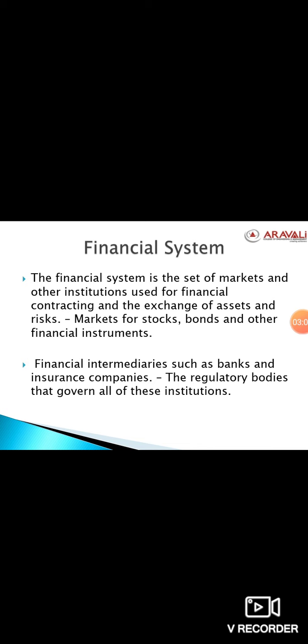Then we have lenders. The lenders are basically the financial institutions or banks who lend the money for a specific reason, which includes maybe buying a house, investing money in the market, or buying other consumable products.